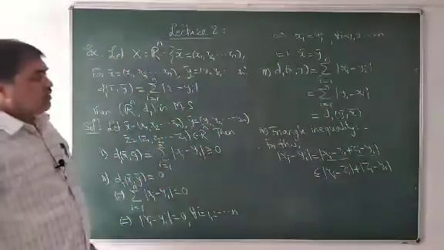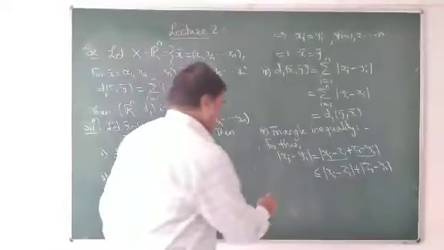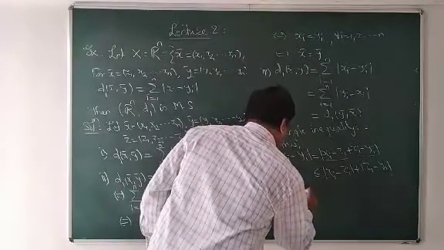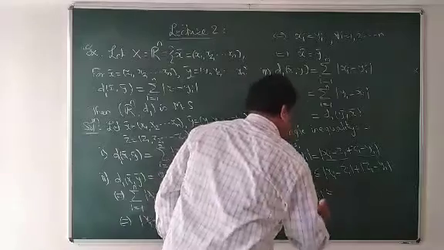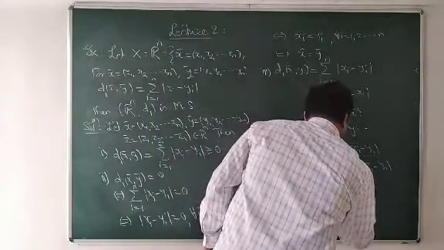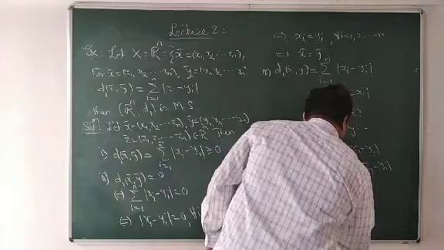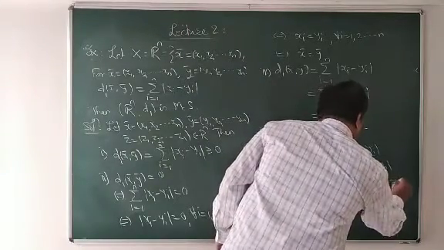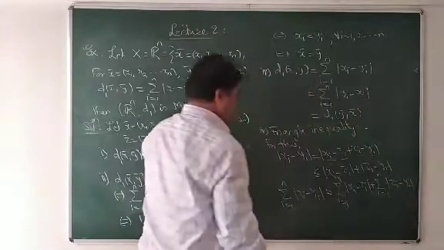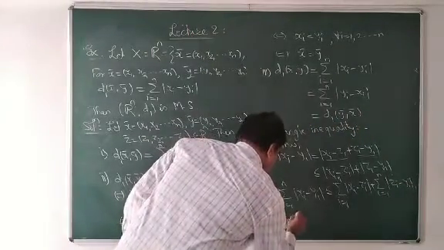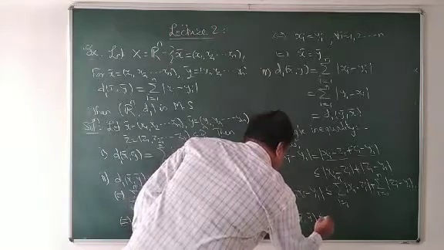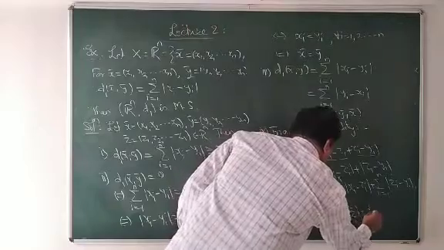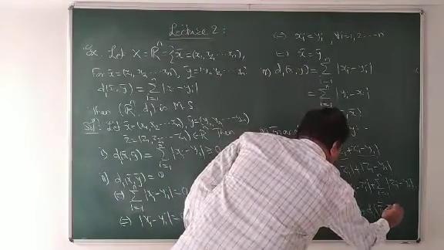Now taking summation on both sides, we'll get summation of i equal to 1 to n mod of xi minus yi. This must be less than or equal to summation of mod of xi minus zi plus summation of i equal to 1 to n mod of zi minus yi. Then by definition, we will get d1 of x bar y bar less than or equal to d1 of x bar z bar plus d1 of z bar y bar.